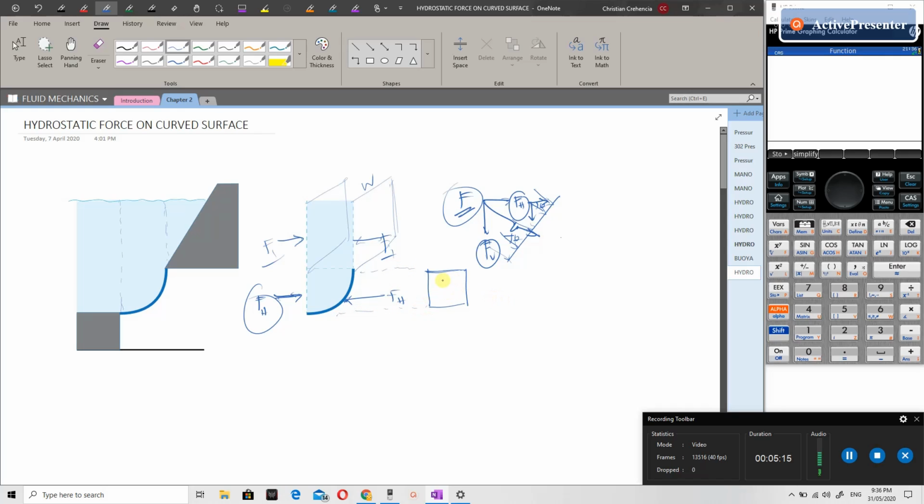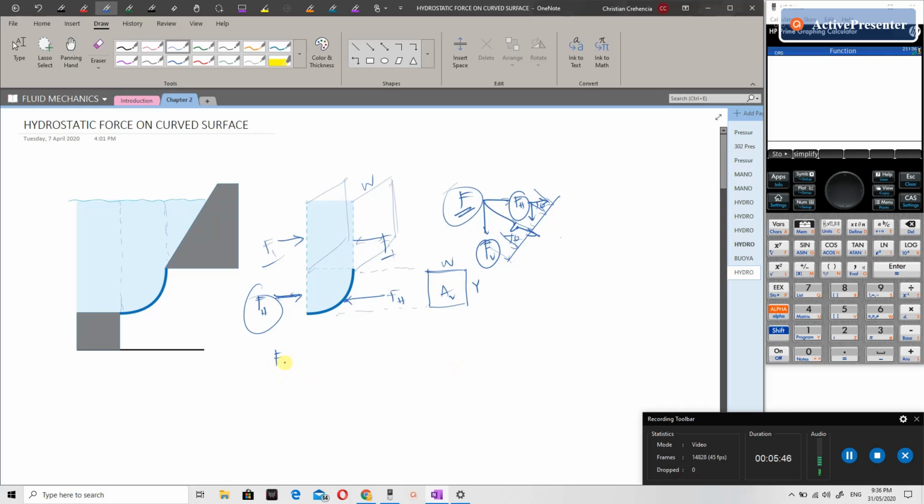So we apply to this plane our solution for hydrostatic force on a plane surface, which is equal to, let's say this is W, and this is our height, let's call it Y, or this is our vertical area.